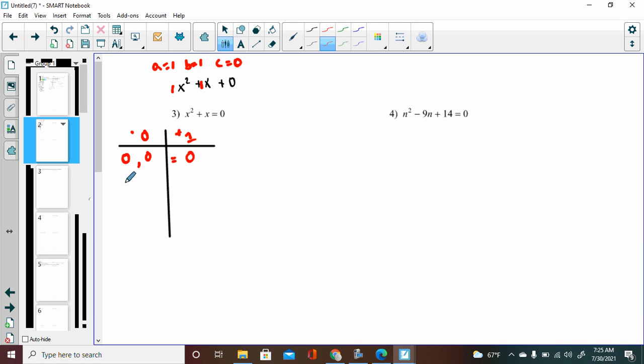I'm going to try 1. 0 divided by 1 is 0. 1 plus 0 equals 1. So my factor form will be x plus 1 times x plus 0. And let's make sure that's right.